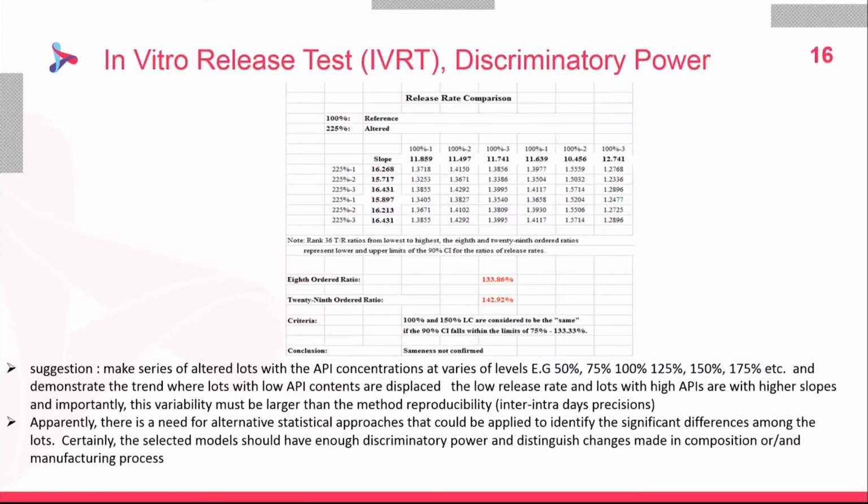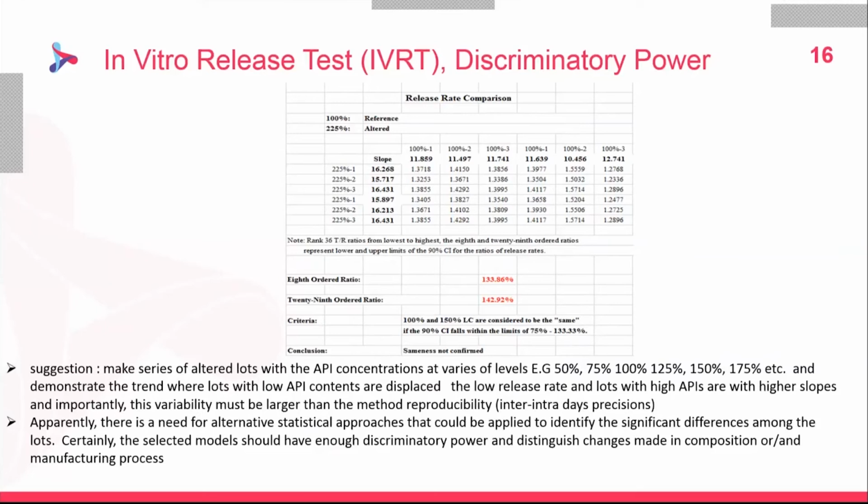My suggestion, again, is to make a series of altered lots with the API concentration at various levels, for example 50%, 75%, 100%, 125%, 150%, 175%, and it can go to 200%, 225% or more if you may.